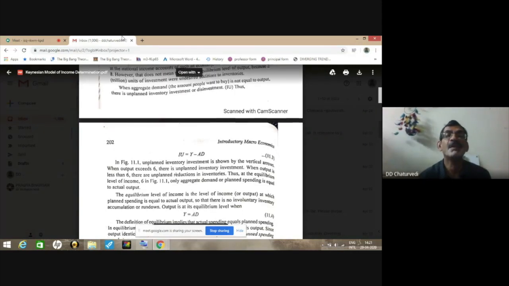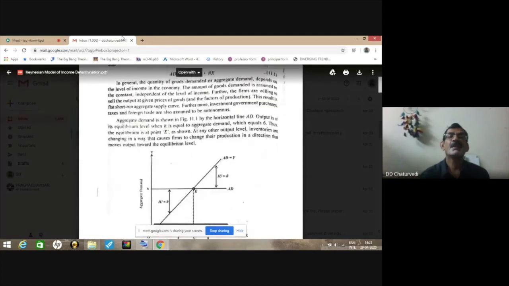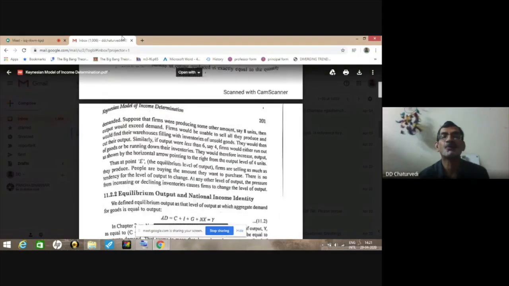For example, you can see in figure 11.1, Y minus aggregate demand is positive, and this is shown in the figure for any point which is to the right of E, and Y minus aggregate demand is negative. That means negative unplanned inventories when you consider any output level which is less than the equilibrium output level.